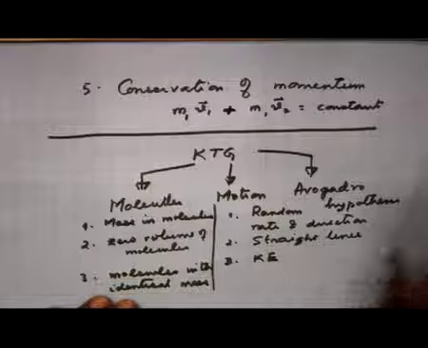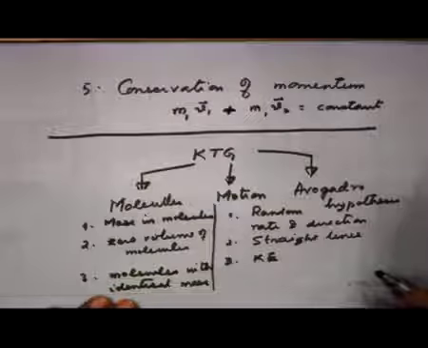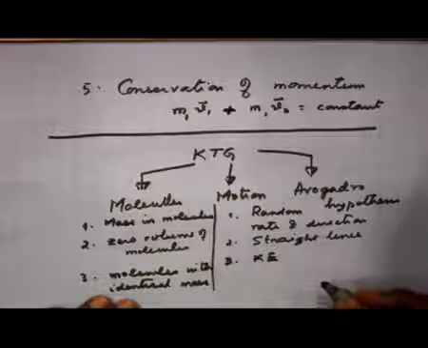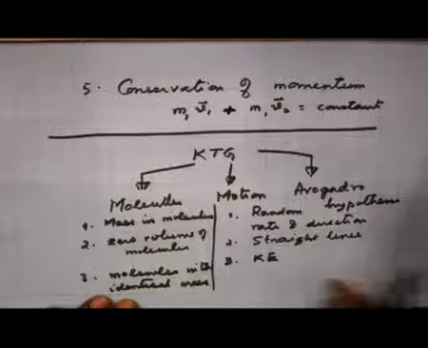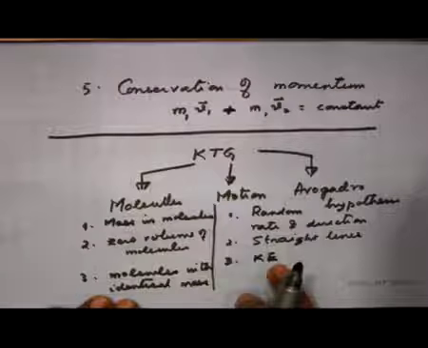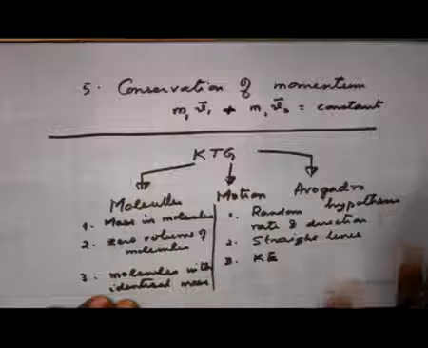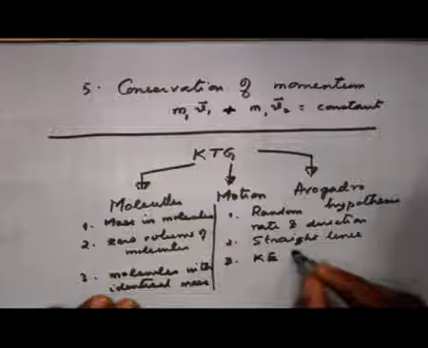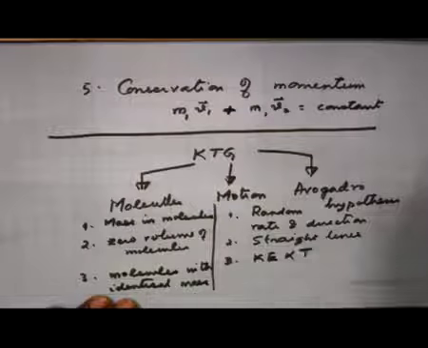So the third point is regarding the kinetic energy of molecules: that it varies with time for a molecule, and that all molecules in all gases have the same average kinetic energy at a particular temperature. So kinetic energy is proportional to temperature.